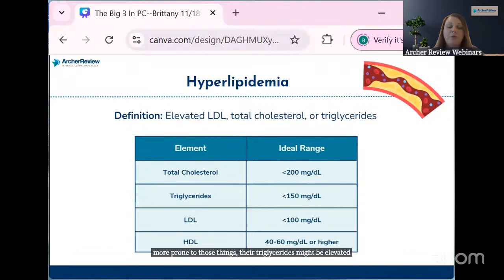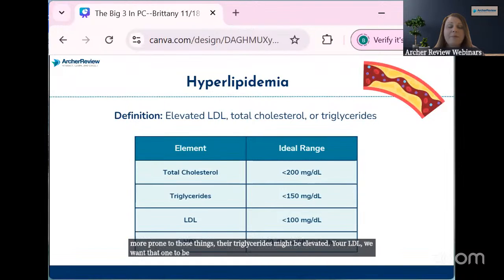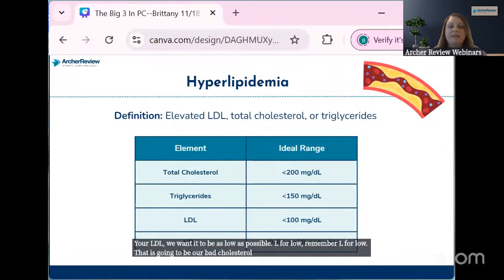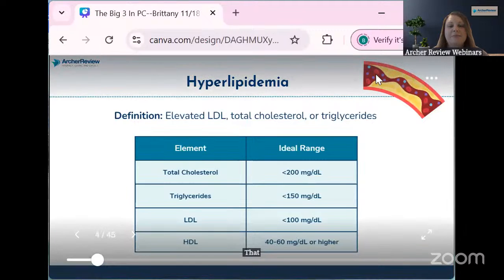Your LDL, we want that one to be up as high as possible because that's our good cholesterol. I'm sorry, I've put that backwards again. Your LDL, we want it to be as low as possible. L for low. Remember, L for low. That is going to be our bad cholesterol. We want that one to be as low as possible because, as you can see here, that one is the one that has these plaques in the artery.